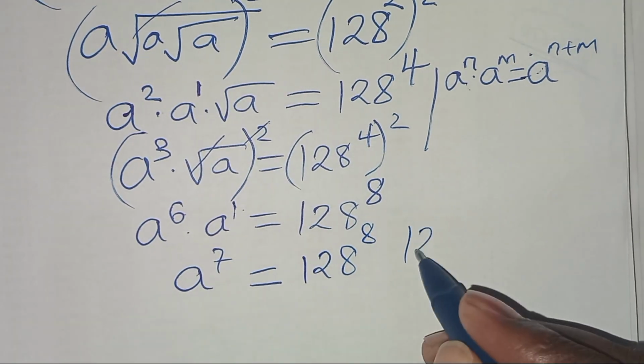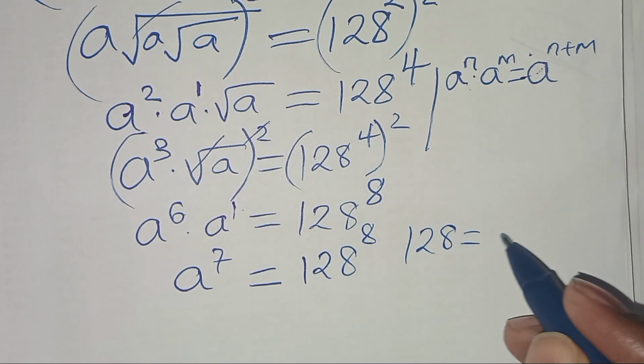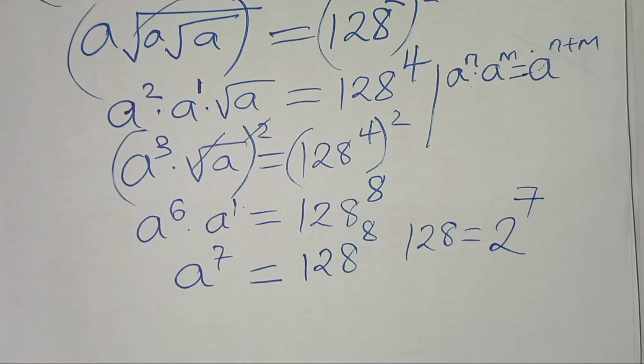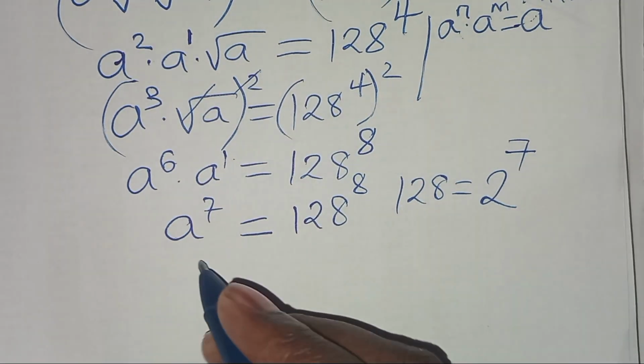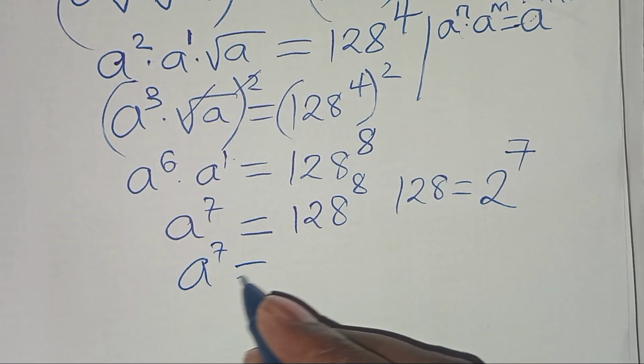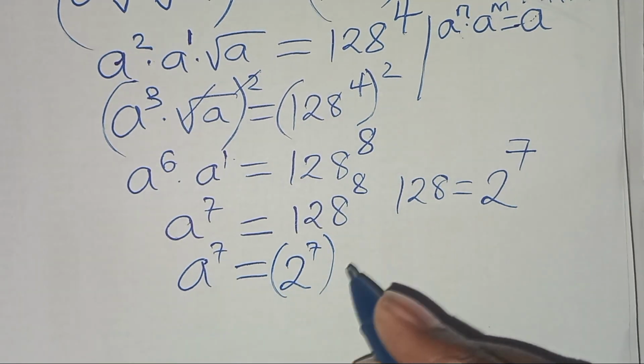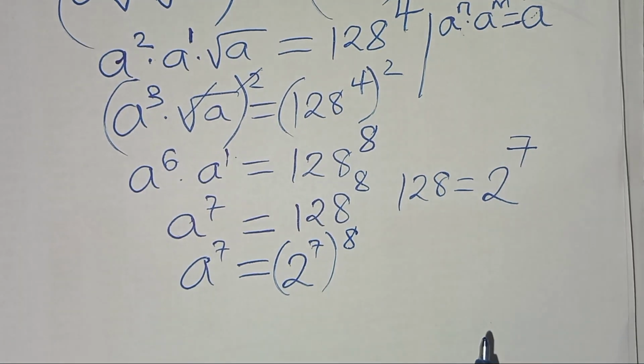Now we can express 128 as 2 to power 7. Substituting this, we'll have a to power 7 equal to 2 to power 7 multiplying by 8.